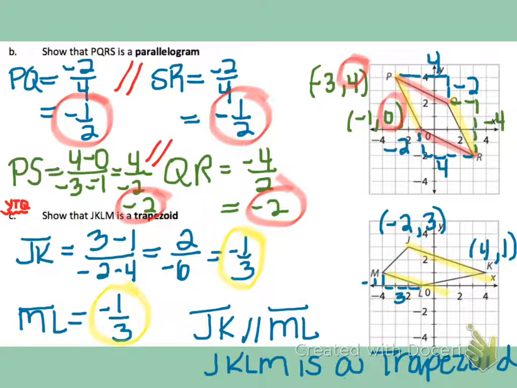And then with ML, I just used the rise over run, and I had to rise -1 and run +3, which gave me a -1/3 slope. That's why it's really important to make sure that you're reducing your slopes to lowest terms. Otherwise, we might not recognize that these two have the same slope had we not reduced the 2 over -6 to -1/3. So we can verify that this is a trapezoid.